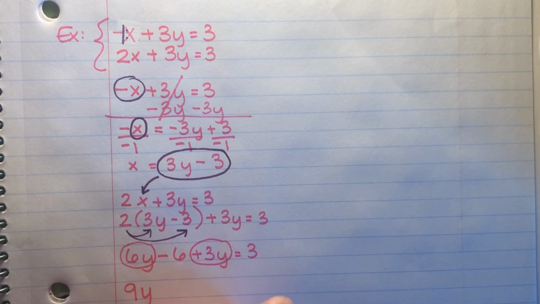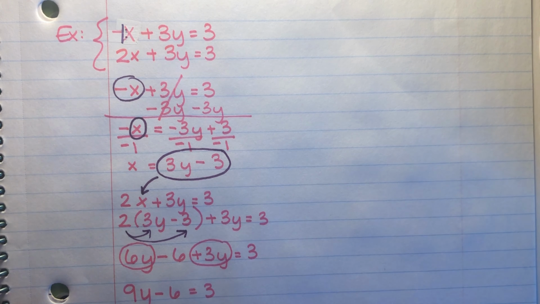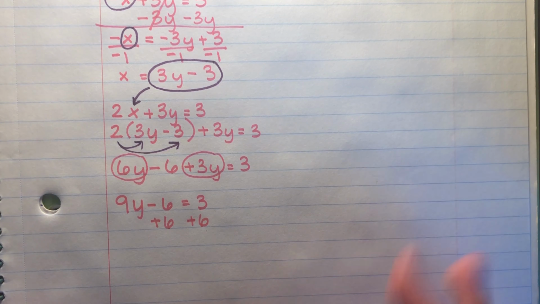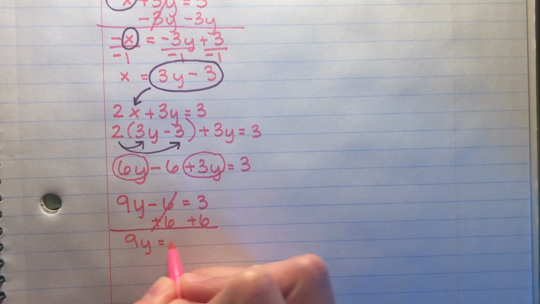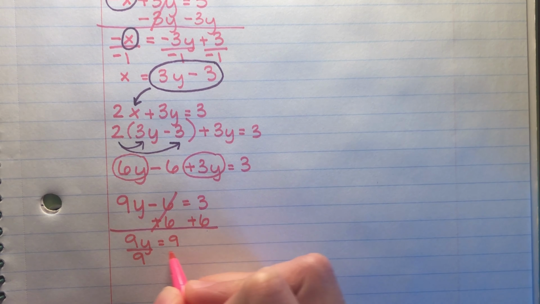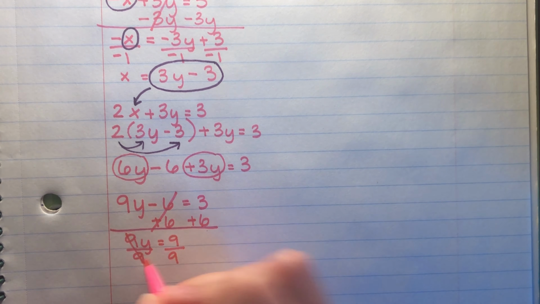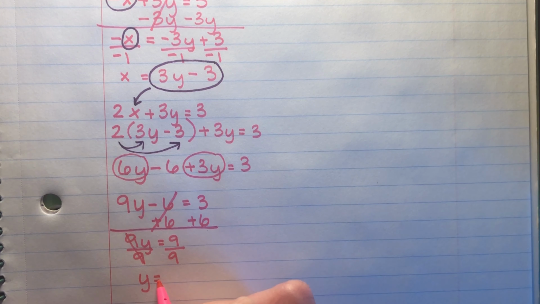So 9y minus 6 equals 3. So now we want to isolate y. So I add 6 to each side. This is 9y equals 9. And I divide by 9 on each side. Our 9's cancel out, and I'm left with y equals 1.